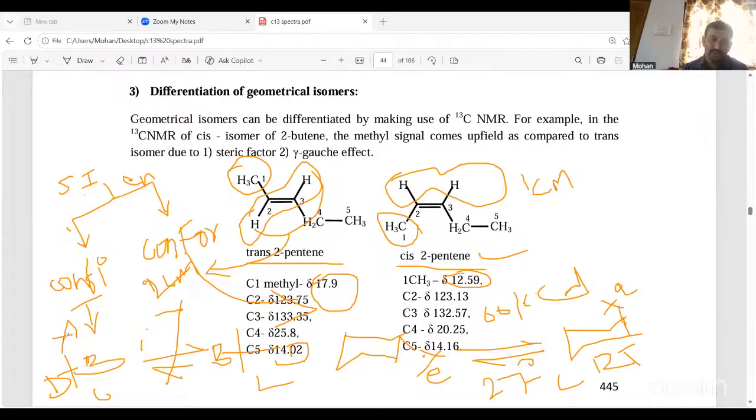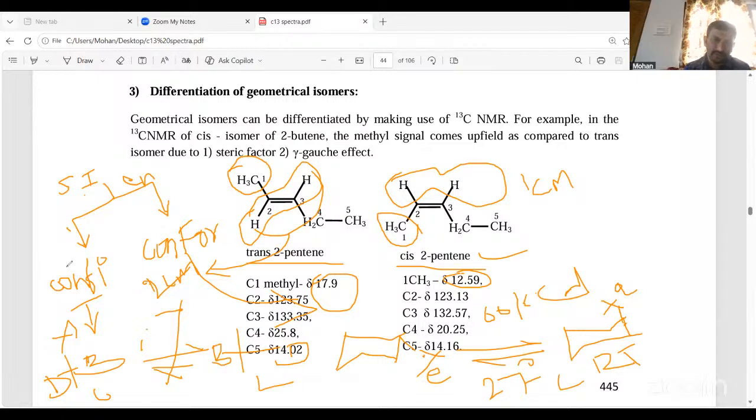But configurational isomers won't interconvert from one to another at room temperature or at low energy.